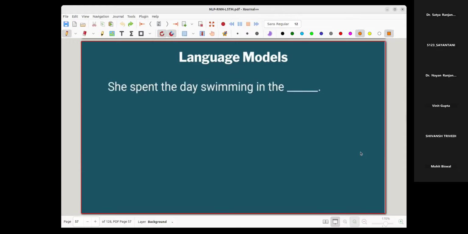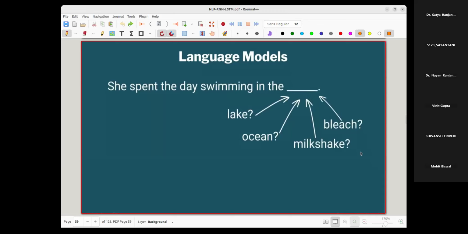What is a language model? Let's say this is the sentence: She spent the day swimming in the dash. Now, the question is: if some words of a sentence are given, can I find out what will be the next word, so that the sentence will be complete? Can it be lake? Can it be ocean? Can it be milkshake? Can it be bleach?